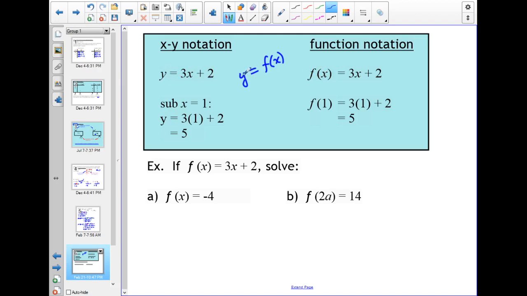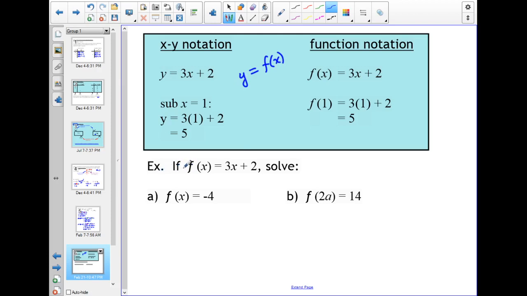The x is the independent variable, the dependent variable is y, and f of x has taken its place, or that's what it stands for. So when you put a number in here for x, you're calculating y.